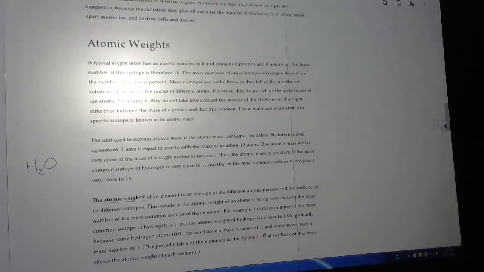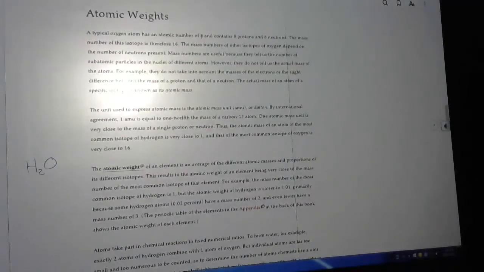So atomic weight: typical oxygen has an atomic number of 8 and contains 8 protons and 8 neutrons. The mass number of this isotope is 16. Remember we said 8, 8, and 8. I'll let you read all that.